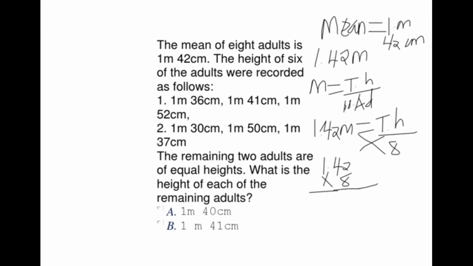So we have 8 times 2 is 16, carry 1. 8 times 4 is 32, plus 1 is 33, carry 3. 8 times 1 is 8, plus 3 is 11. So we have 11.36 meters.